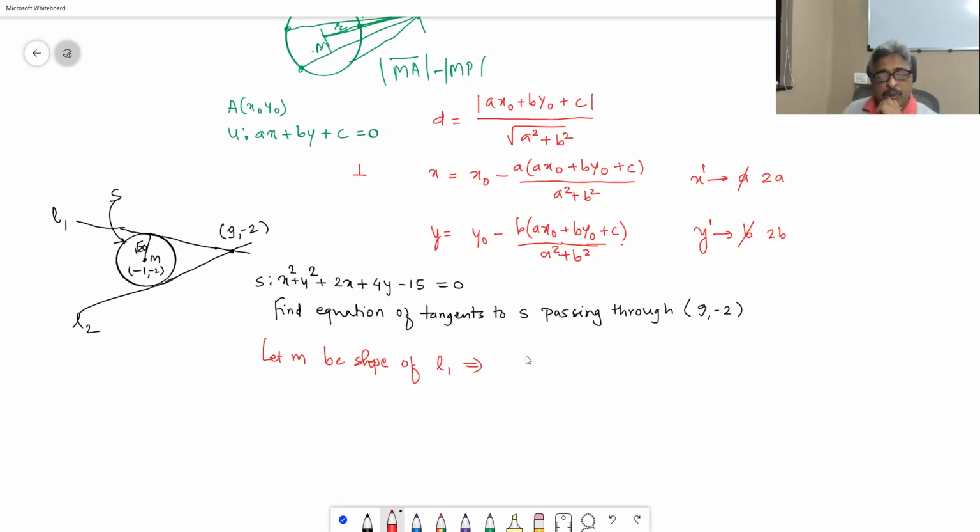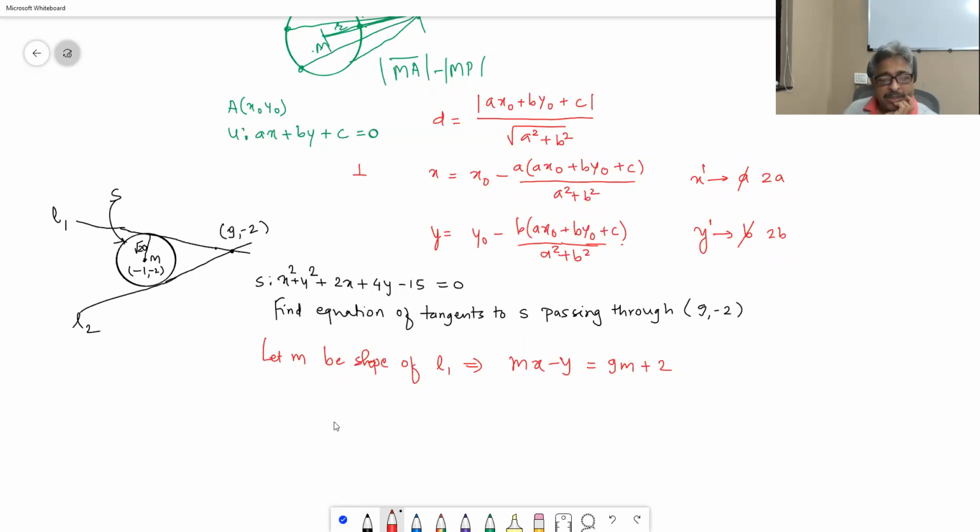So if m is the slope, then mx minus y is the LHS of the line, and (9, -2) must satisfy it. This is the equation of the line which has slope m, and we want this line to be root 20 distance away from (-1, -2).